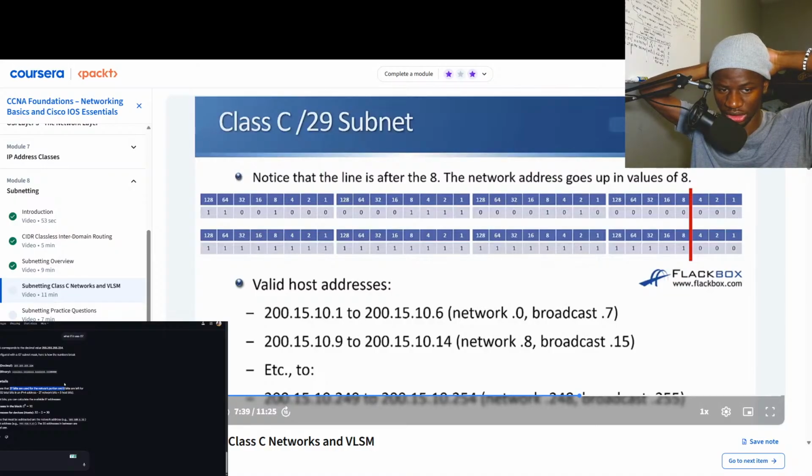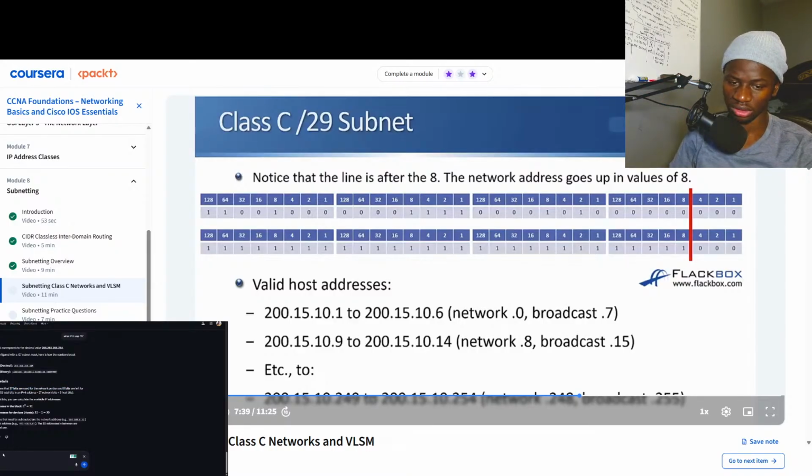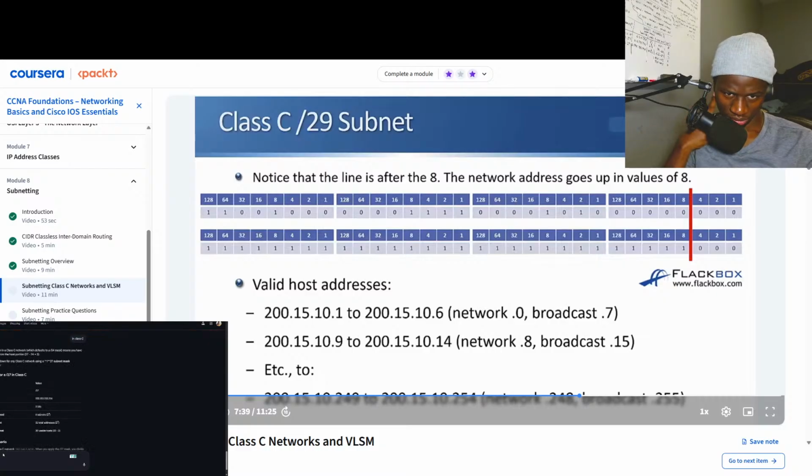Using the 5 bits, you can calculate the available hosts. Maybe in class C, it will be 3 bits. Okay. Where did the 5 come from?